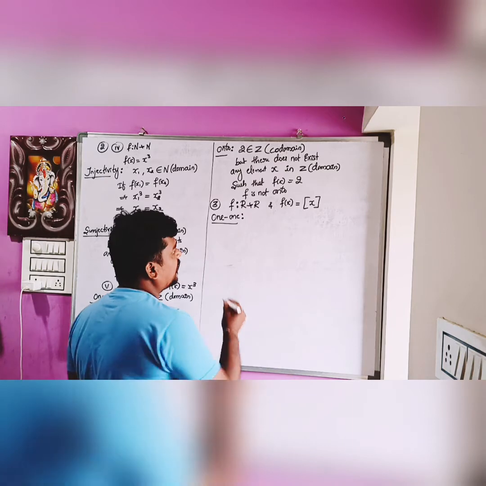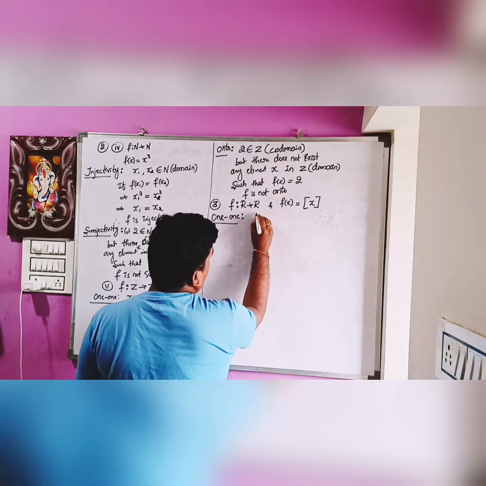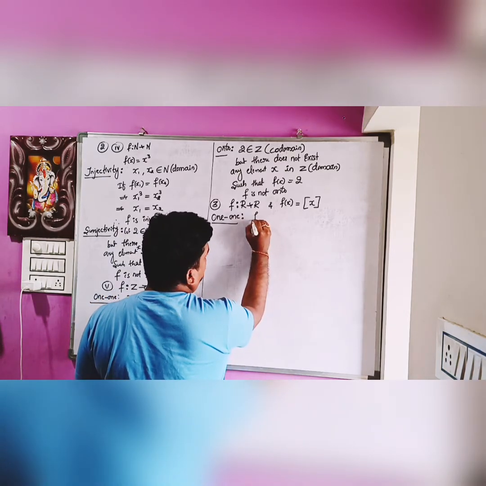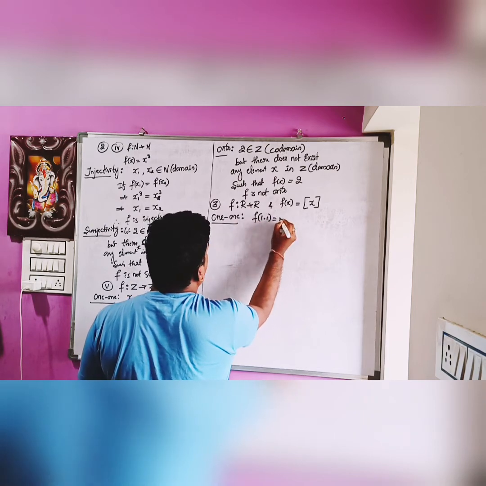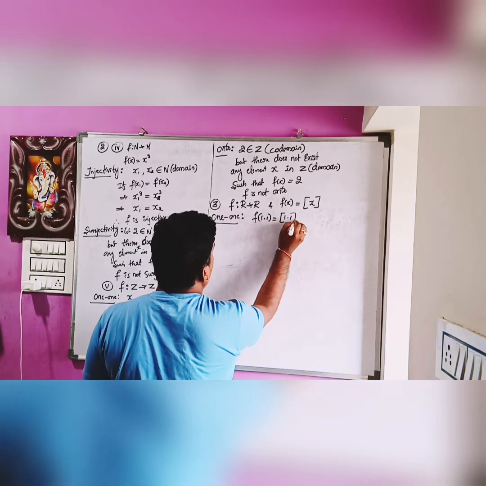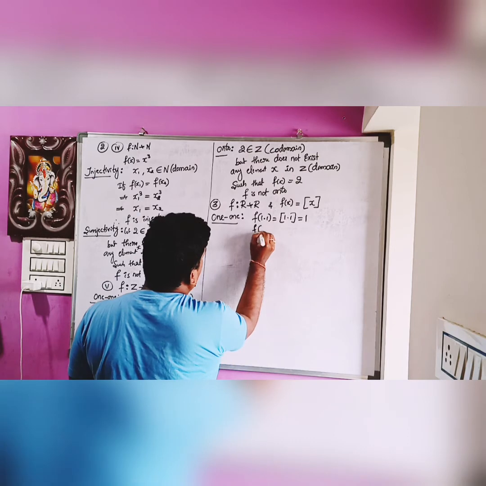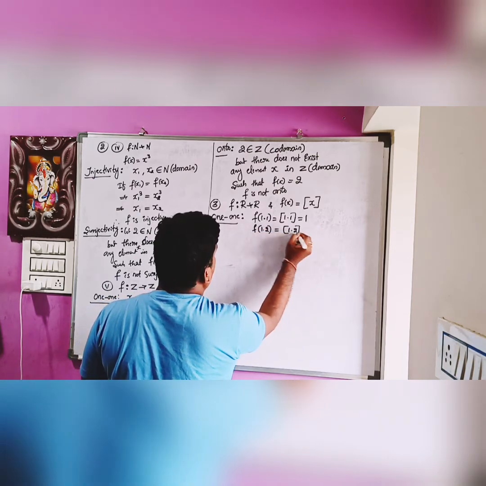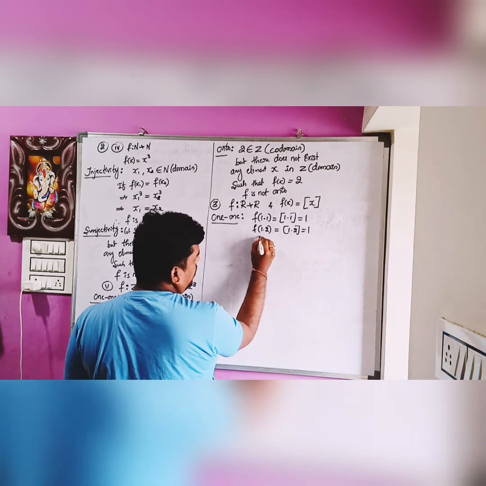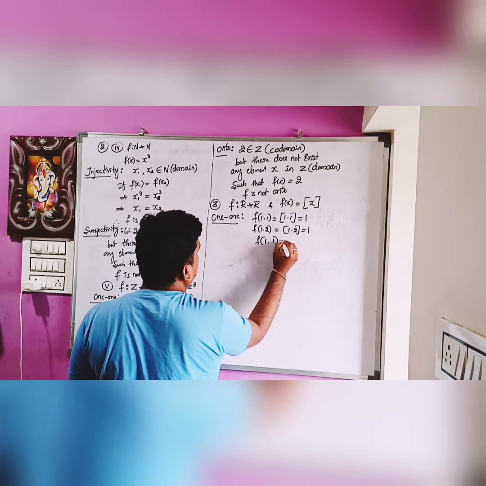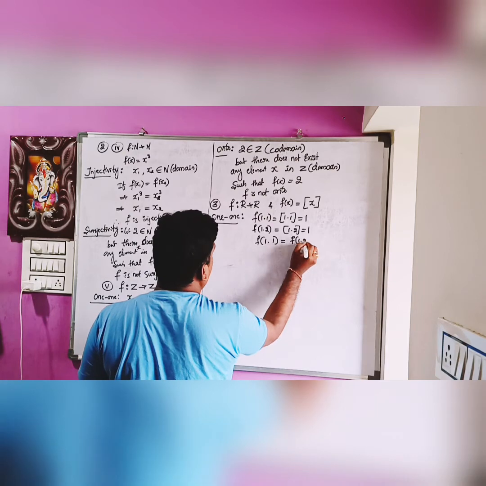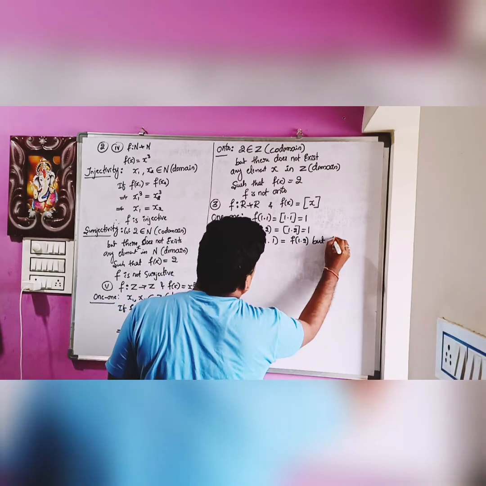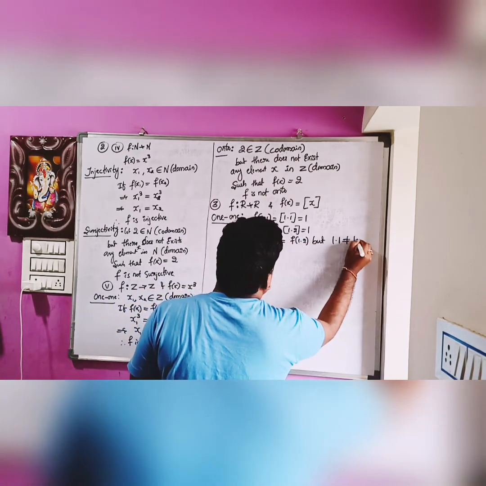For example, the greatest integer of 1.1 is 1, and the greatest integer of 1.2 is also 1. So f of 1.1 is equal to f of 1.2, but 1.1 is not equal to 1.2.